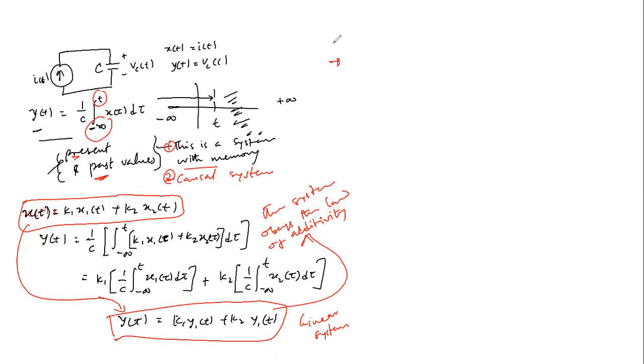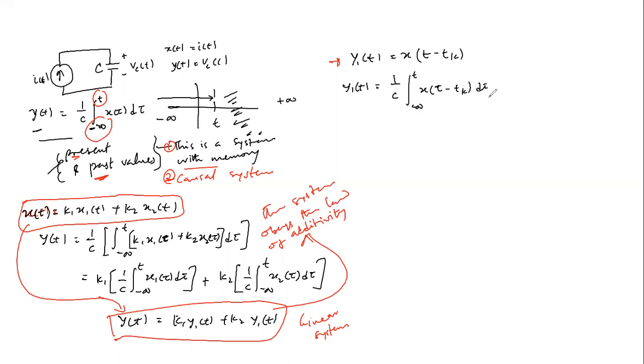So let us assume that y1 of t is the output produced after some time shifting in S such that we have S of t minus t sub k. So it means that y1 of t will be the same as 1 over c integral negative infinity to t S of tau minus tk.